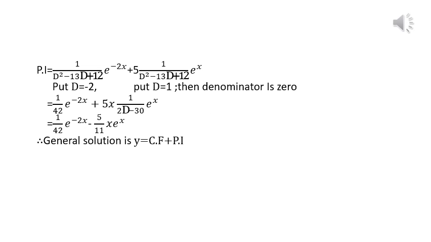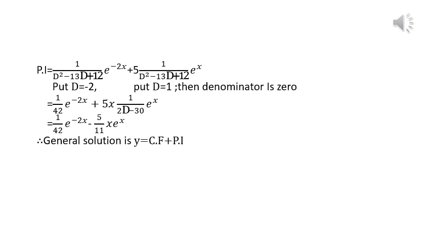Next, the particular integral PI is equal to, take the left hand side inside the bracket, that is D² − 13D + 12, to the other side. That becomes 1 over D² − 13D + 12. Write the right hand side function given in the problem.